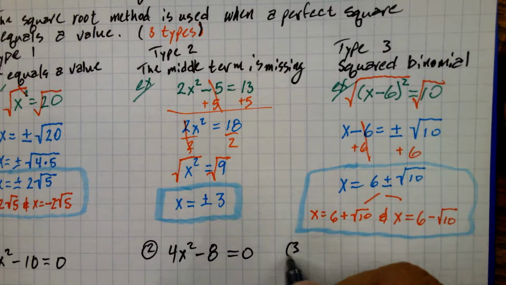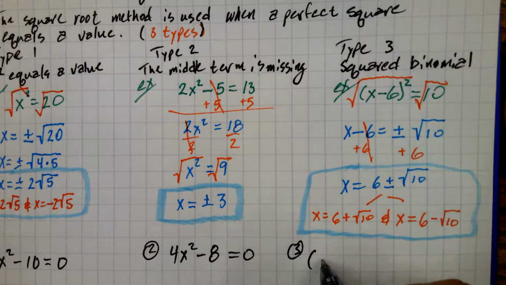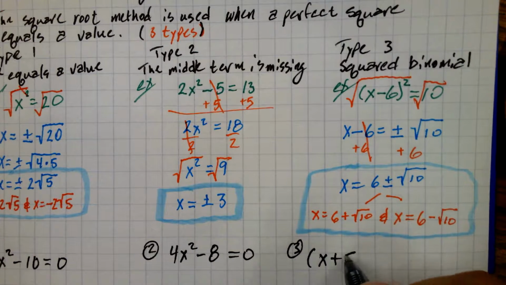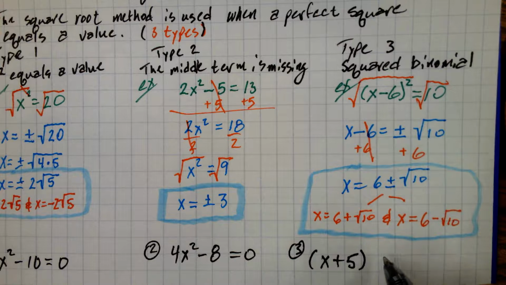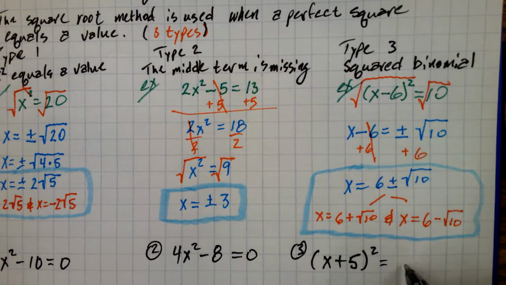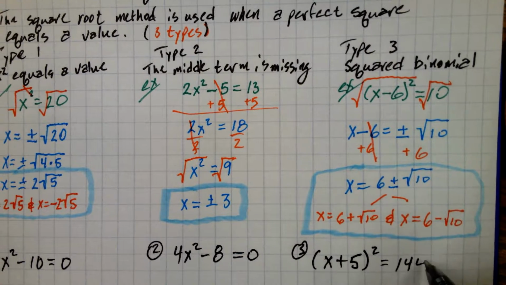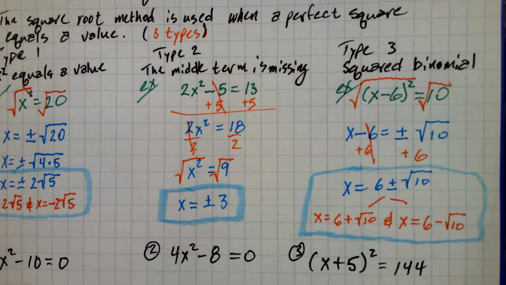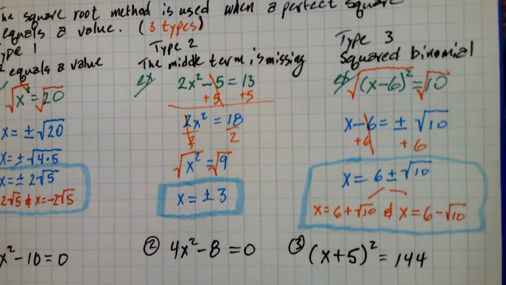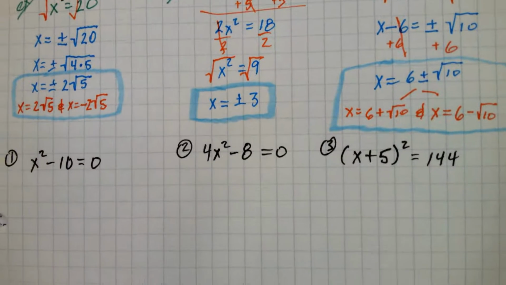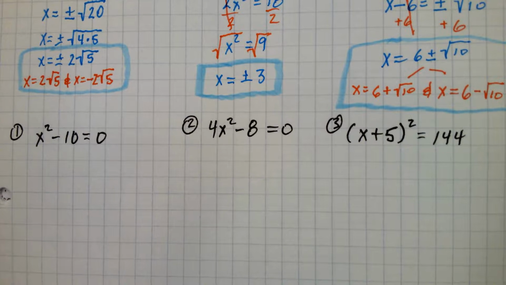Number 3. X plus 5 squared equals 144. Okay, sorry. Let's push this up so you can see it better. Go ahead and write those down.